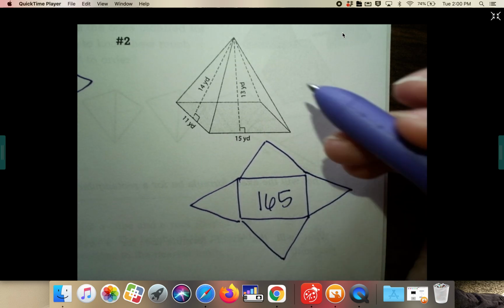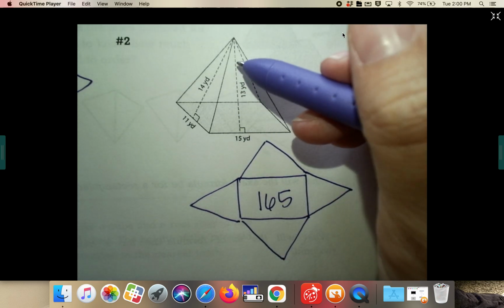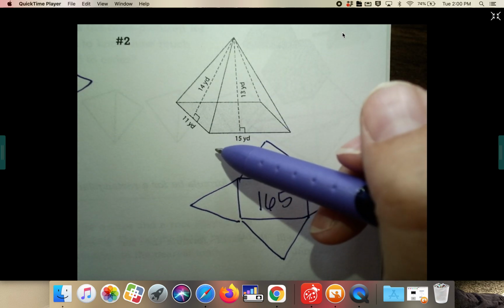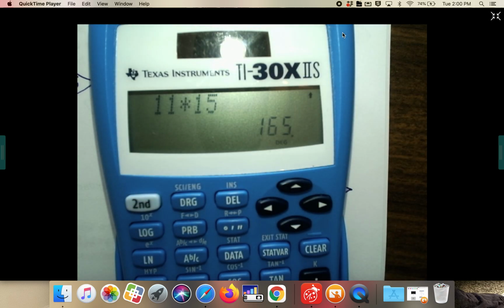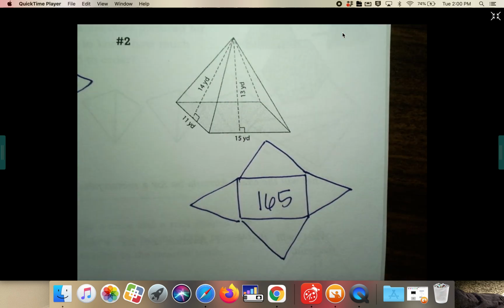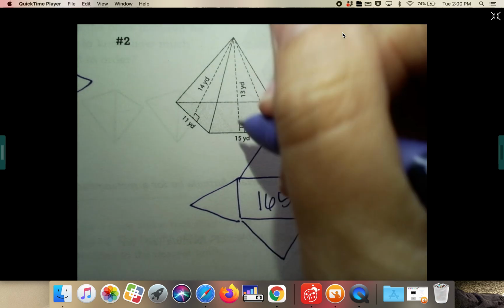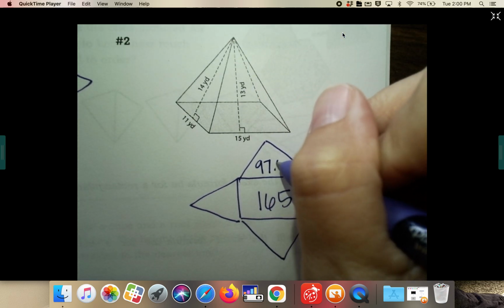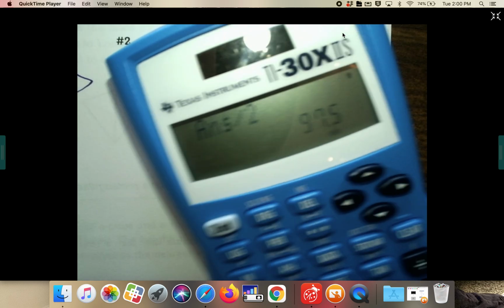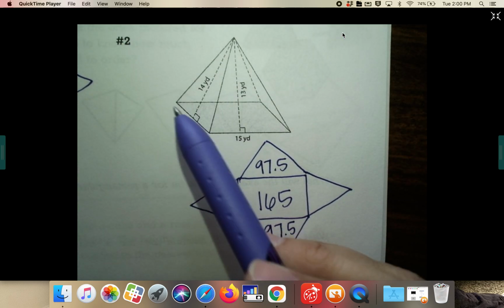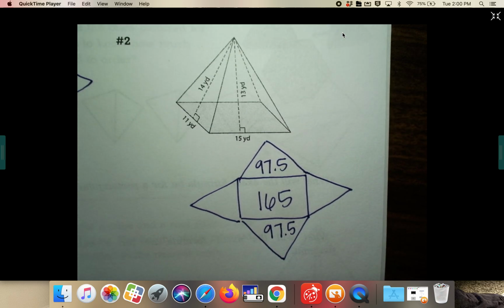And then remember, for triangles, it's base times height divided by 2. So for our 15, it's 15 times 13 divided by 2. So that's 97.5. So these two would be 97.5. And then you've also got the 11 by 14 divided by 2.